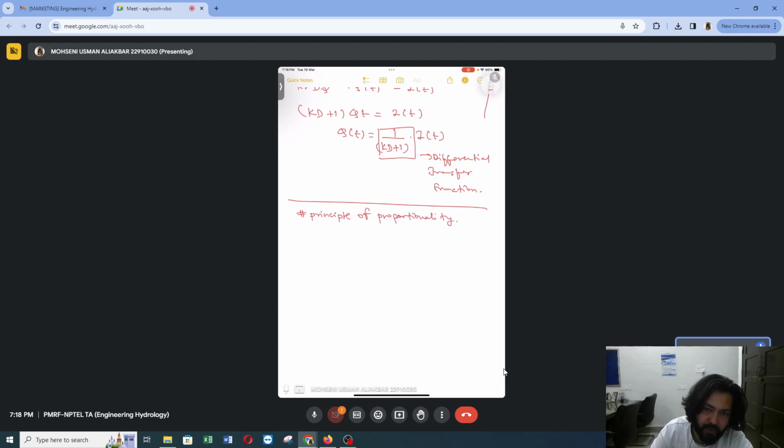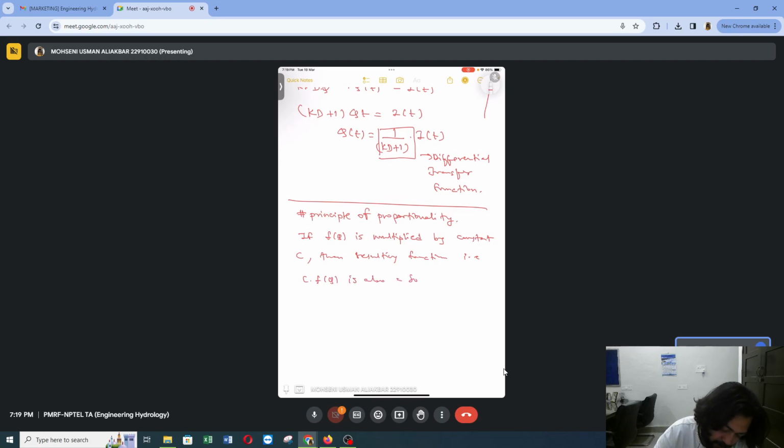The principle of proportionality states that if a solution f of q is multiplied by a constant c, then the resulting function, that is c times f of q, is also a solution.